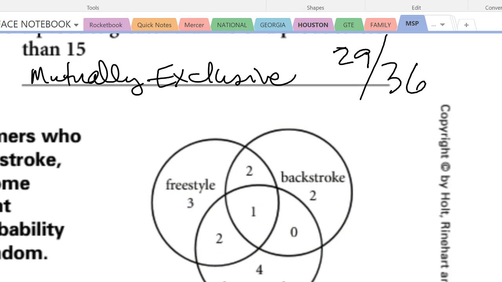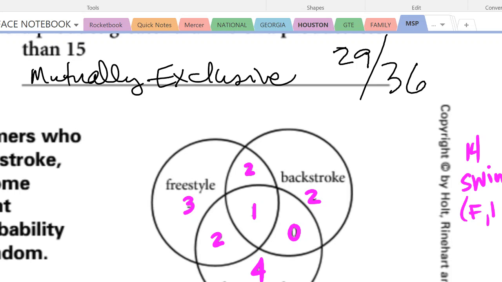Look at everybody here and count them. That's 3, 4, 5, 6, 7, 8, 9, 10, still 10, 14. Okay, there are 14 total who are listed, swimmers who swim the freestyle, backstroke, or breaststroke.